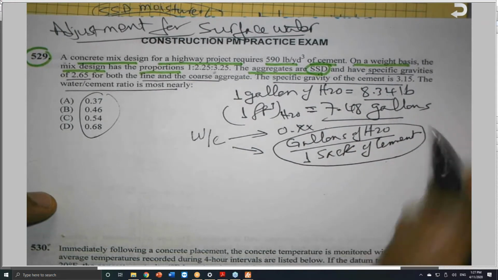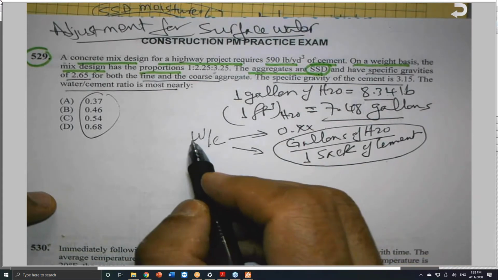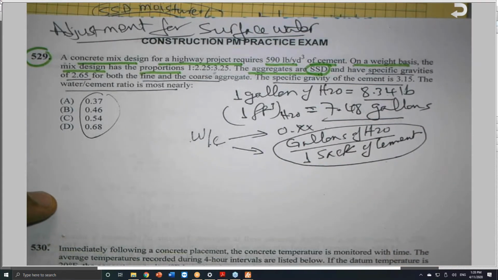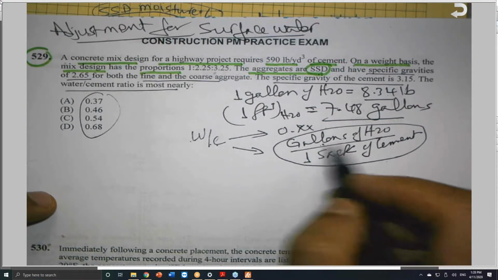It's still the ratio by weight, by the way, because the water cement ratio is the ratio by weight. How many pounds of water, how many pounds of cement. This is also a ratio by weight, because gallons of water, how many gallons?